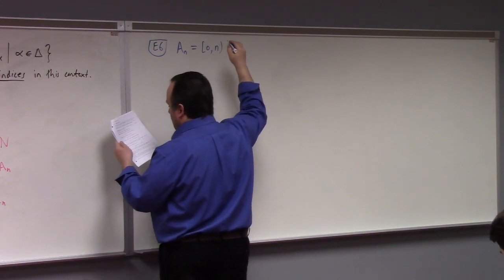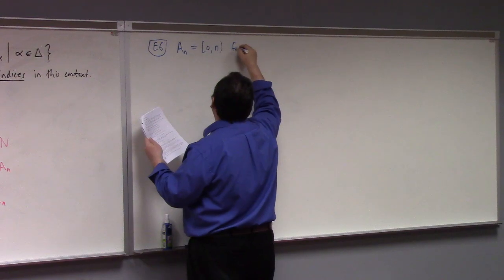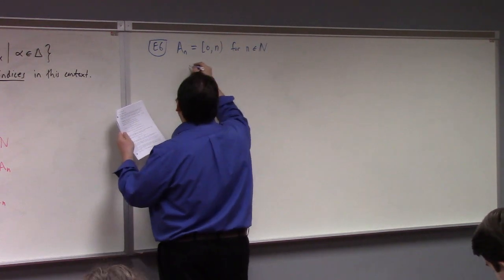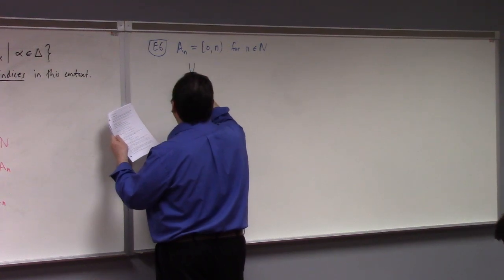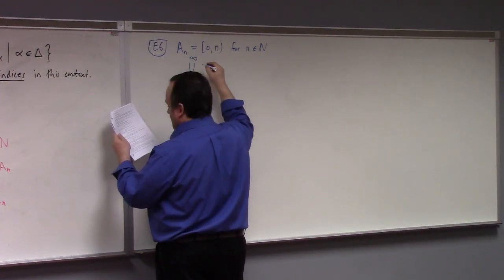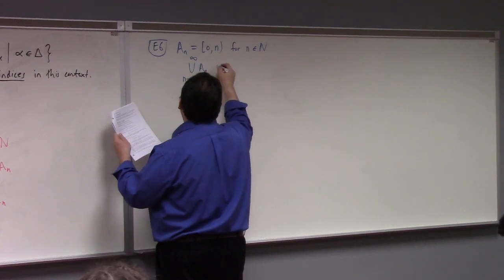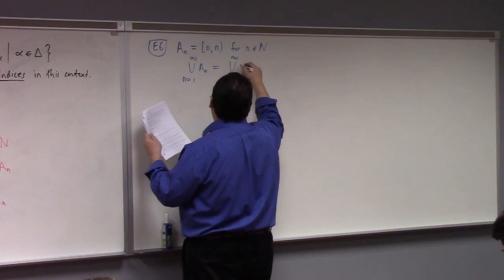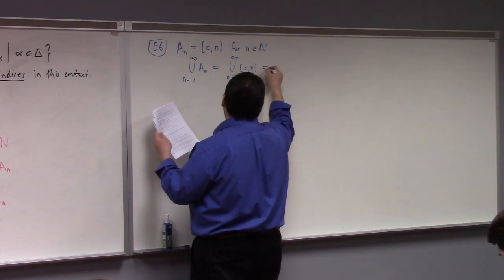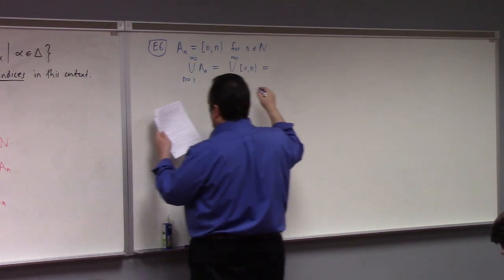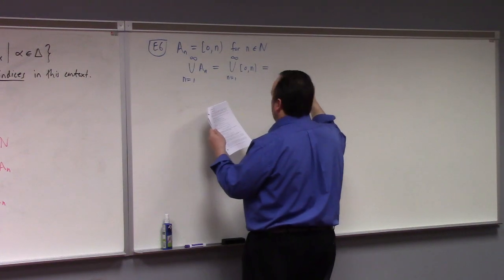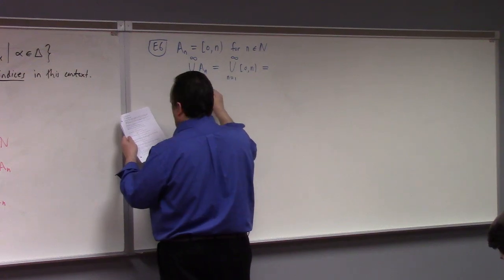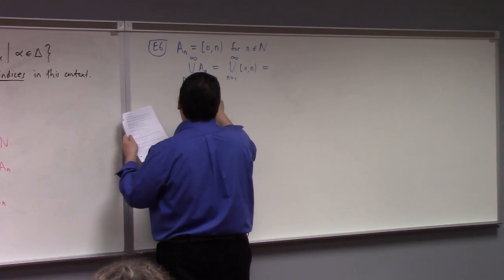But if we let A sub n be 0 to n for n in the natural numbers, then we can show the union n equals 1 to infinity of A sub n, let me just rewrite it, the union n equals 1 to infinity of 0 to n. What do you guys think that's going to be? In contrast, what would the union n equals 1 to infinity of, say, A sub 1 over n be?